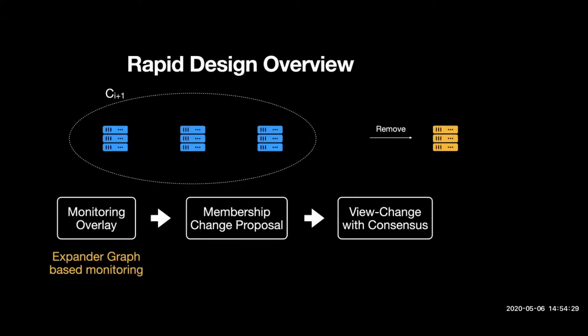All of the nodes do not necessarily need to monitor all of the other nodes. Expander graphs have certain properties which help us scale the membership service. We'll talk about it in subsequent slides.